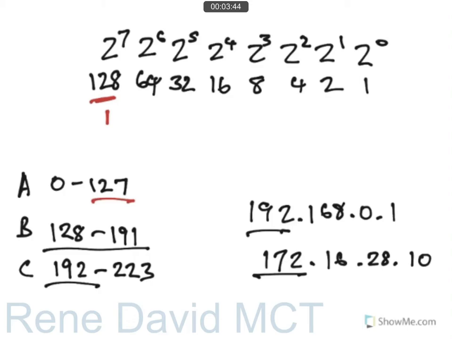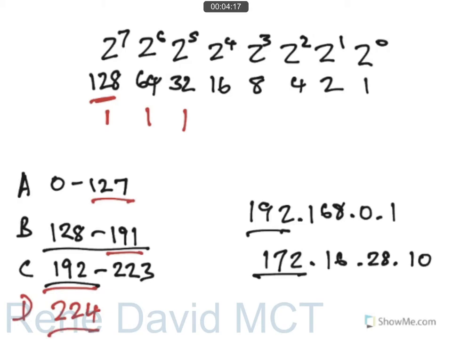Easy way to remember this: 2 bits, 128 plus 64 gives you 192. And if class C starts at 192, then class B must end at 191. Class D, by the way, will start at 224, which if you look up here, 128 plus 64 plus 32 will give you 224.